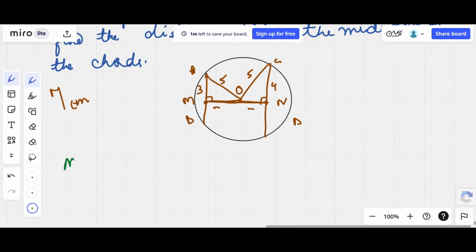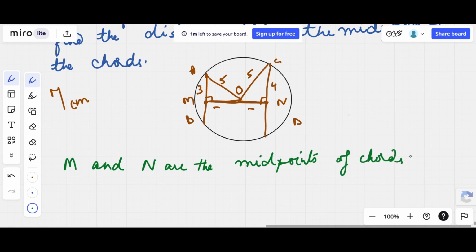So, we will say M and N are the midpoints of chords AB and CD respectively. These are the midpoints. Therefore, which theorem is that? Ma'am, theorem 4.